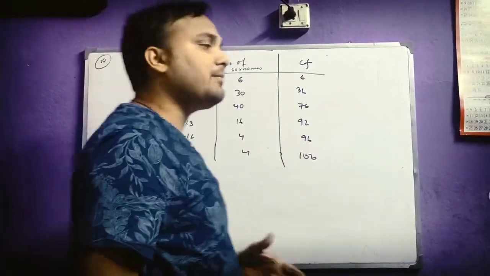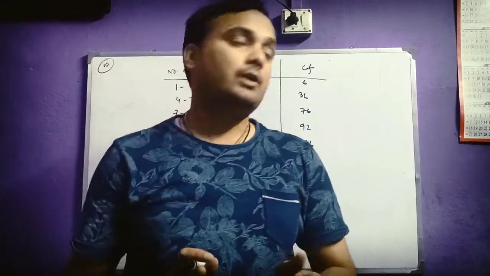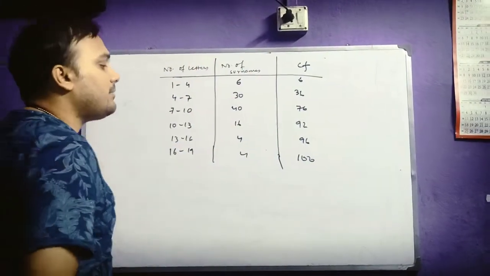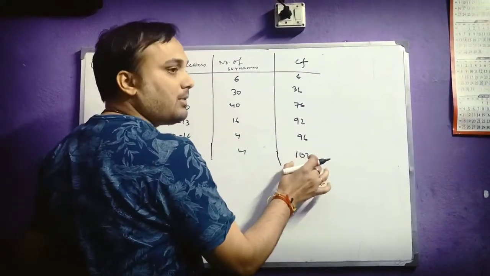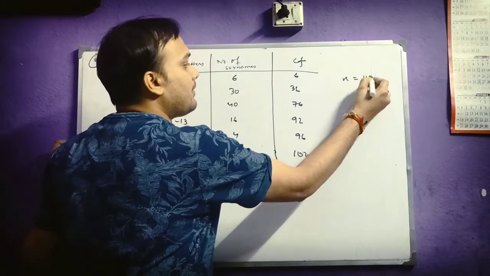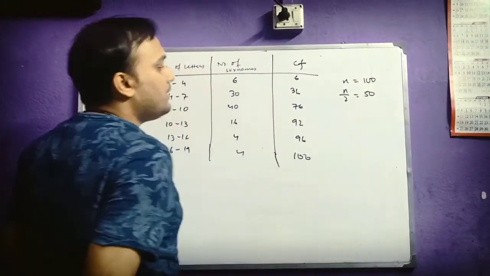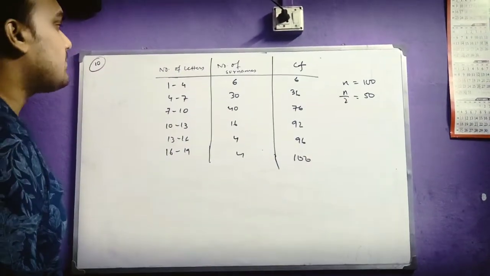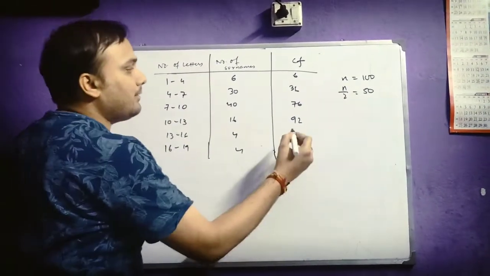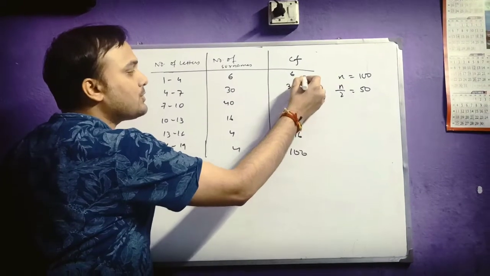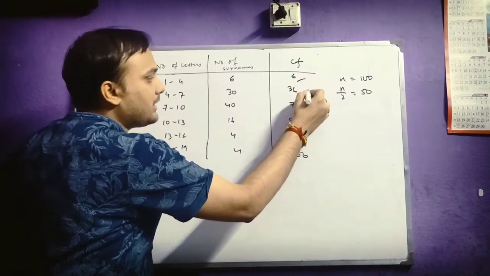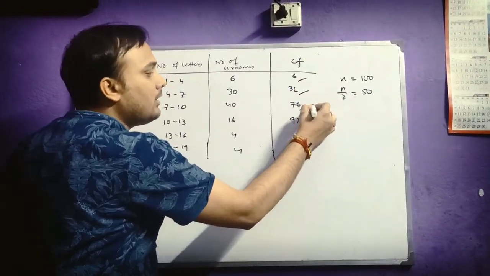Now before finding the median, you have to find the median class. You know that very nicely. For finding the median class, what will we do? Total number of frequencies is 100. So n by 2 is how much? 50. Now, where is 50 lying? This is up to 6, this is up to 36, this is up to 76.